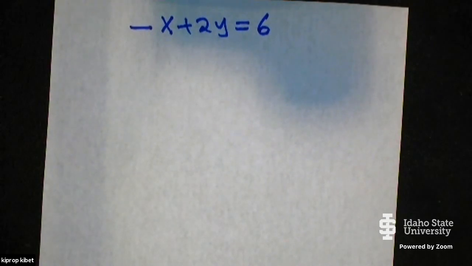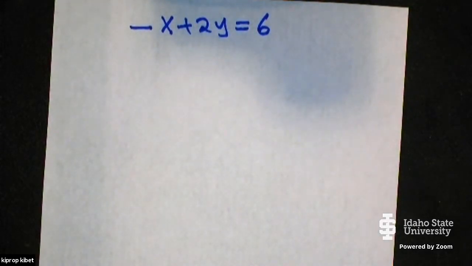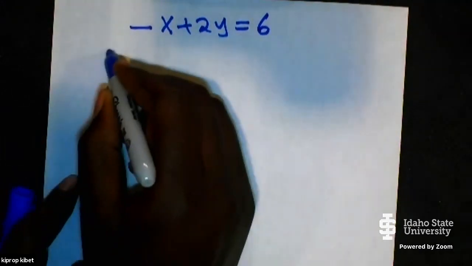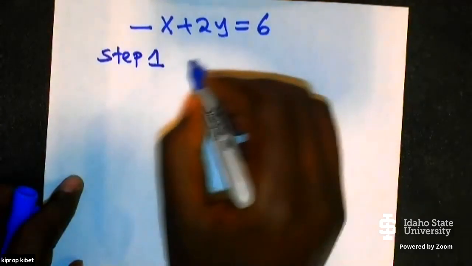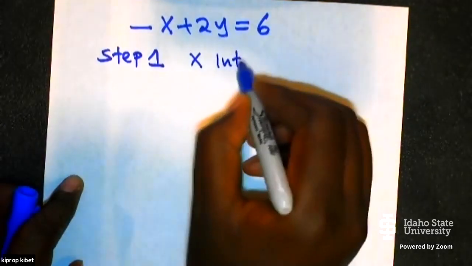So you start from the x-intercept. When you talk of the x-intercept, then y equals 0. Step number 1, x-intercept.